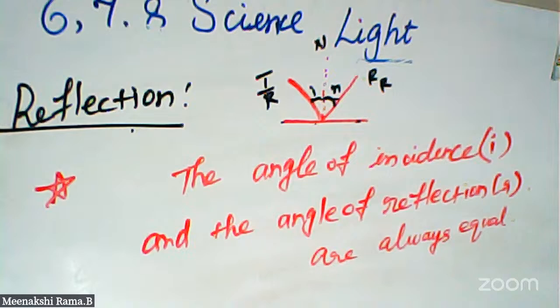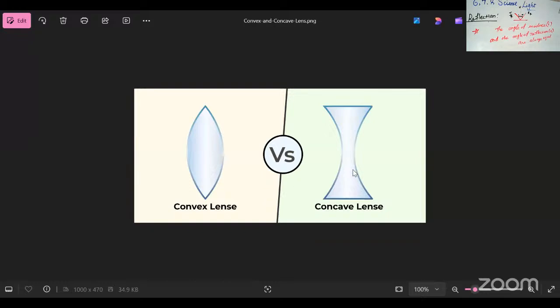What is light, what is a mirror, how the mirror reflects, what are the kinds of reflection, how reflection occurs, what are the laws of reflection. Now I'm going to share some pictures. This is a convex lens, this is a concave lens.